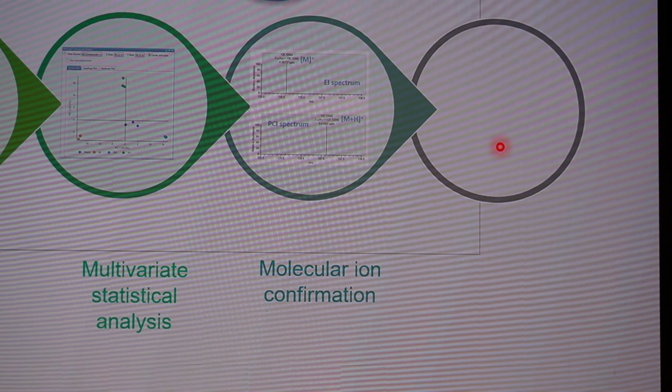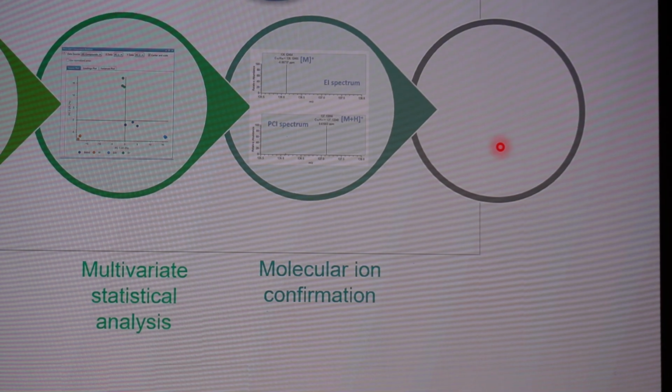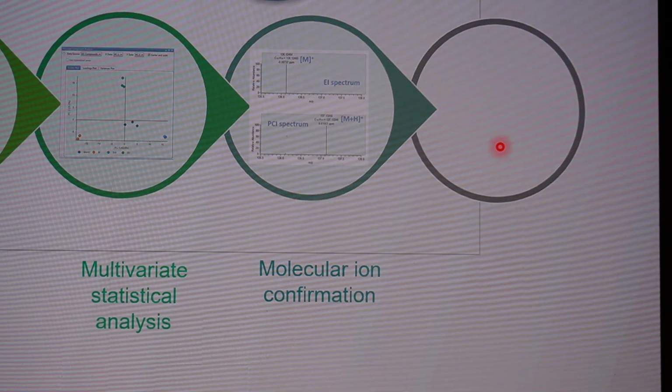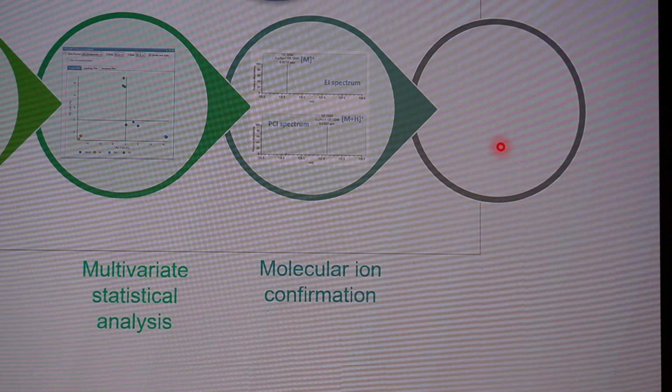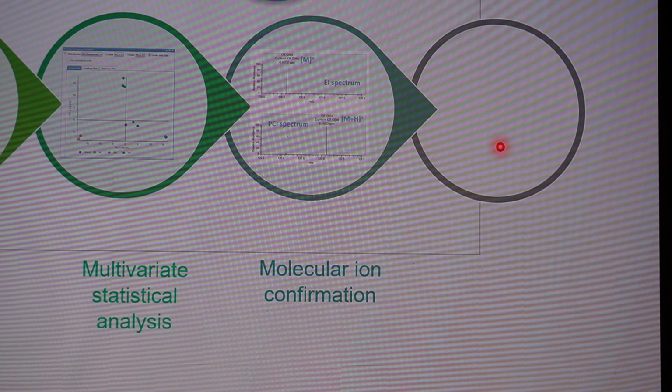You already have the EI spectrum, but you reacquire with chemical ionization, either in positive or negative polarity depending upon the nature of the analyte, and reconfirm, as well as confirm molecular weight with exact mass and mass error. You are giving supplementary information to justify that your identification is more precise and accurate.